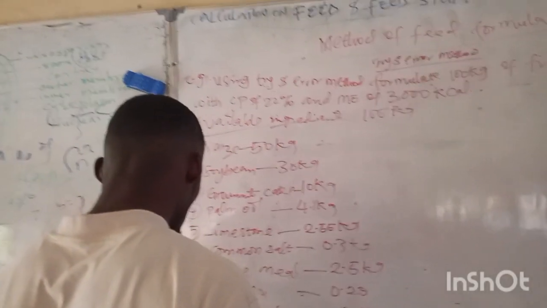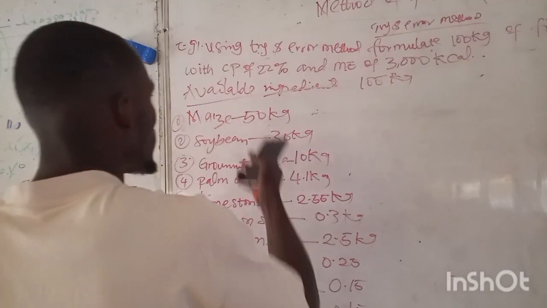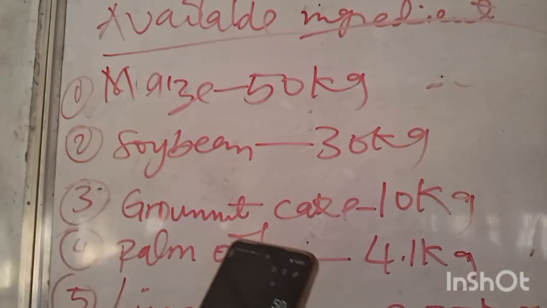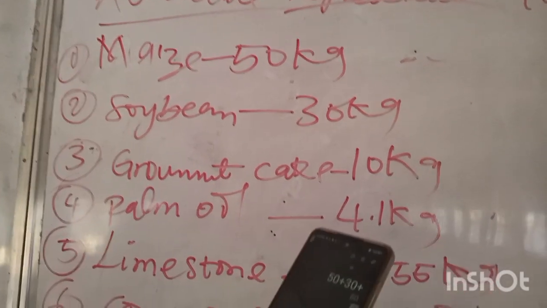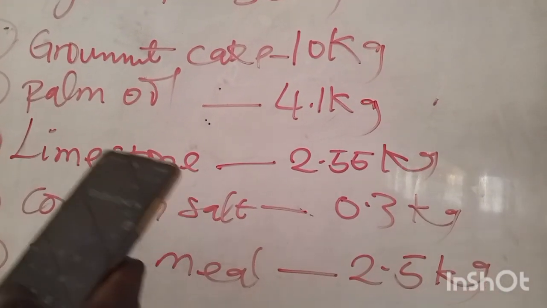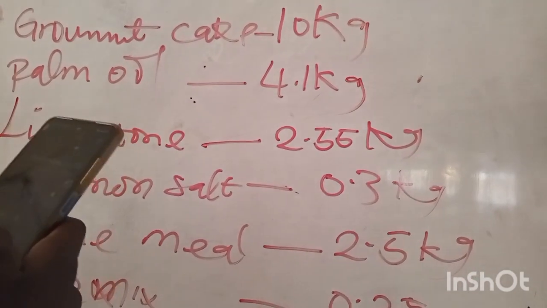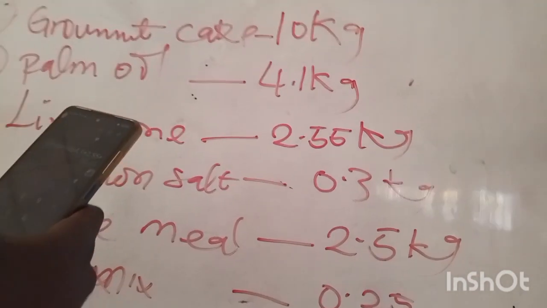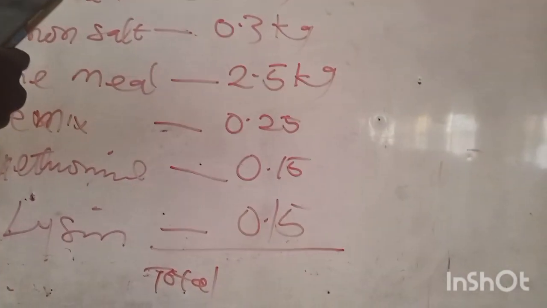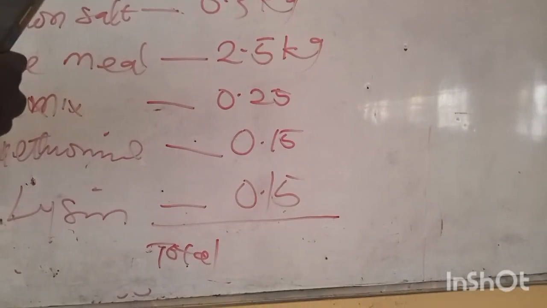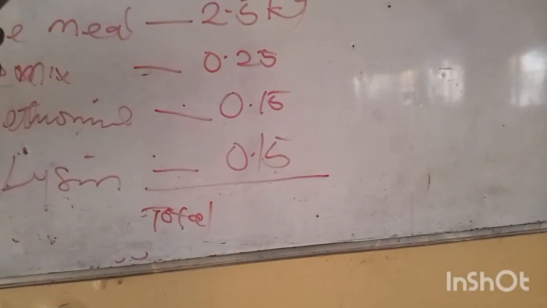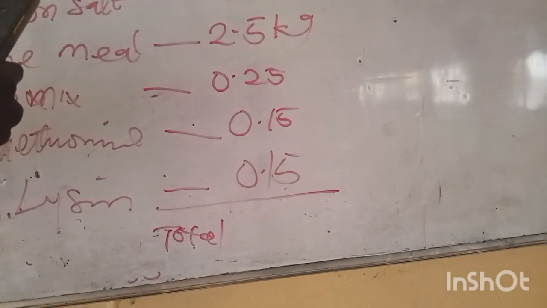So we will say 50, please come closer. We have 50 plus 30 kg plus 10 kg plus 4.1 kg plus 2.55 plus 0.3 plus 2.5 plus 0.25 plus 0.15 plus 0.15.